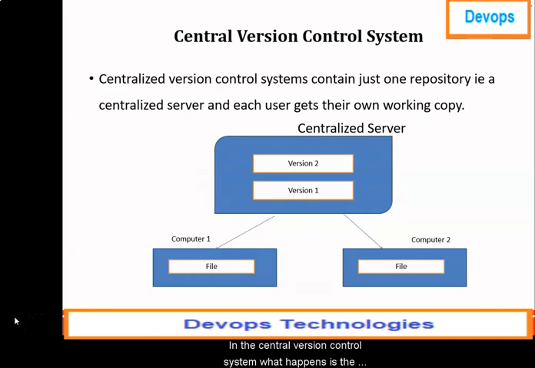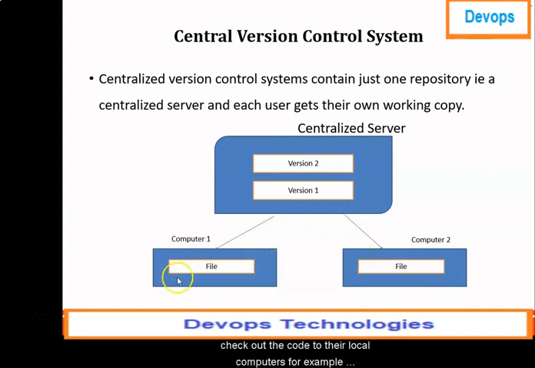In the central version control system, the whole code is in a central repository server, which we call the central version control system. It maintains all the versions of the given project, and the developers working on the project need to connect to this server and check out the code to their local computers.